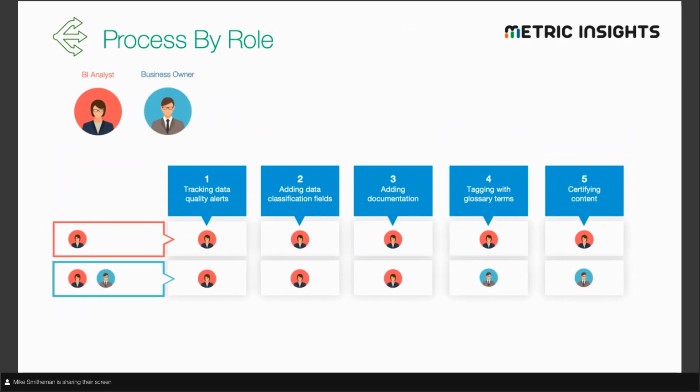On the other hand, if this is content that's been deemed for 2-party certification, where both the BI analyst and the business owner are involved, then the BI analyst would be involved in the first 3 parts of that process. They would be responsible for making sure that data quality is addressed, that the classification fields are associated with it because they know the data, and that they've added the necessary documentation. And then the business owner would review all this, and they would tag to the glossary of terms.